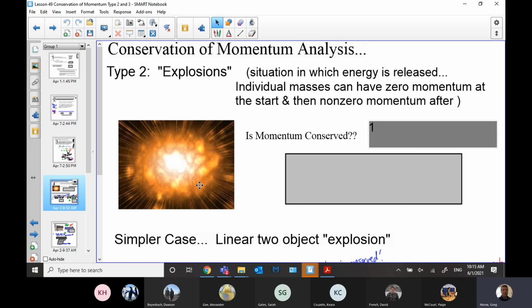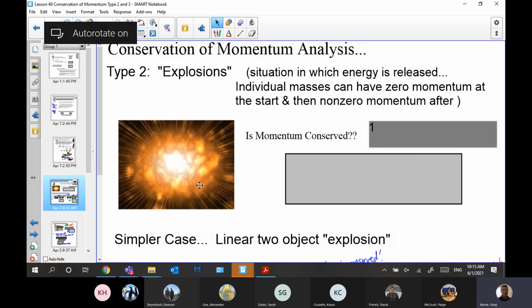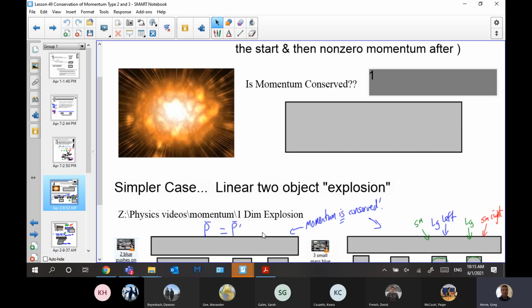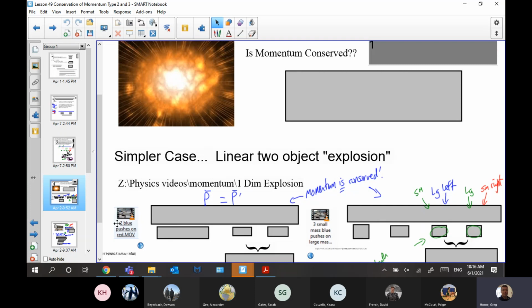I think when you were playing with them before, a lot of people noticed you can load up the spring and then release it, and it launches the carts each way. So if we have the two carts sitting there with no momentum at all, both of them stopped, and then you release the spring, we end up with each of them having momentum.